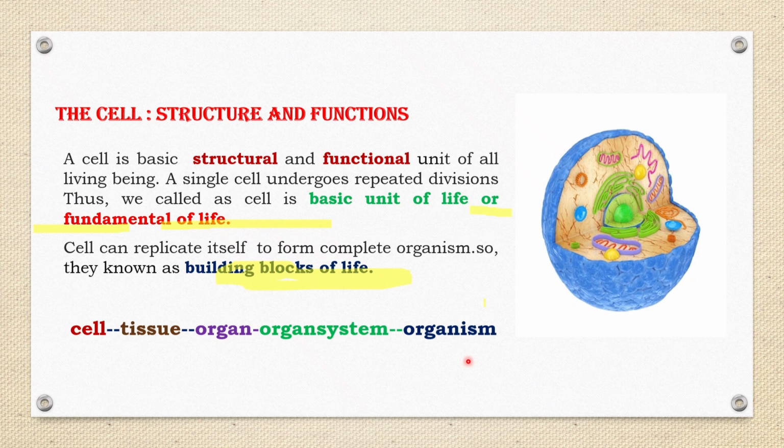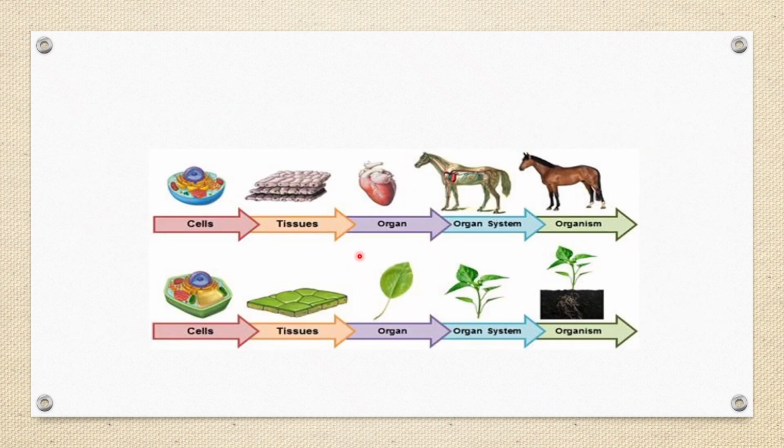Understood? Let us see with the example. See, this is a cell, and a group of cells working together is called a tissue, and many tissues form an organ, like here the heart.